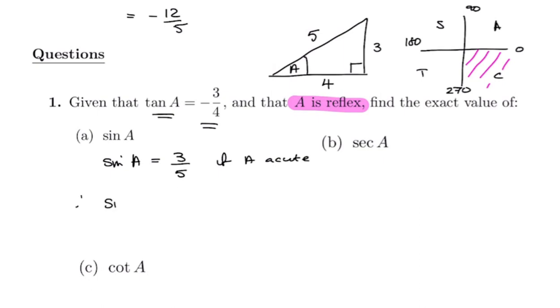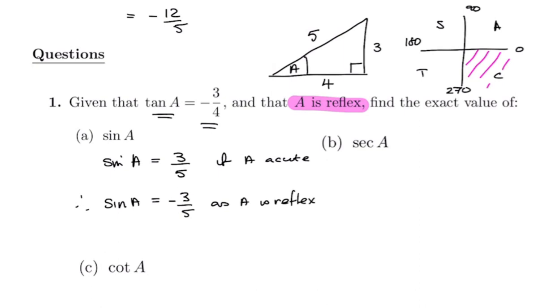So therefore, sine A, and we know that it's between 270 and 360, so only cos is positive, so it must be negative 3/5 as A is reflex.